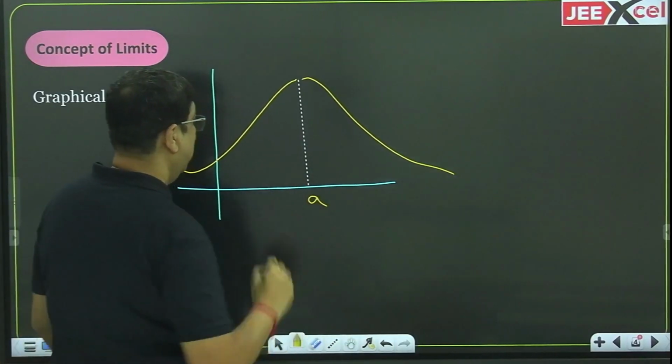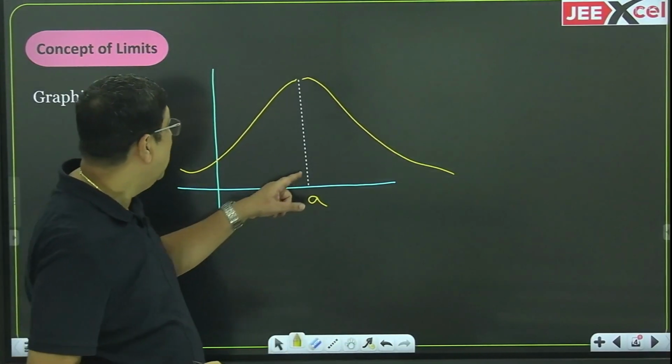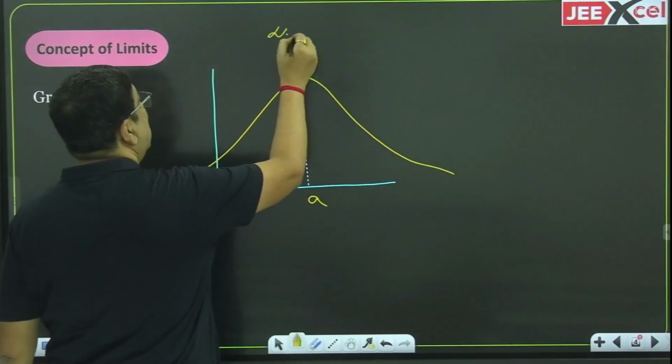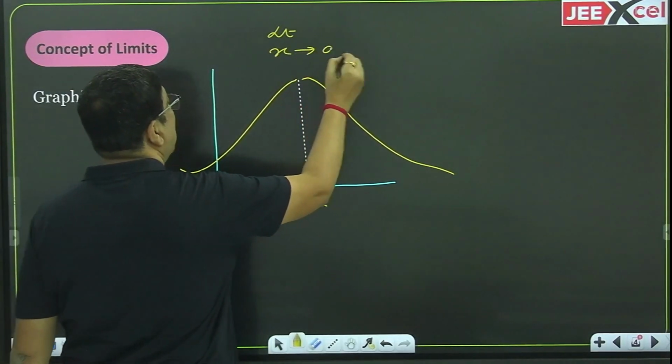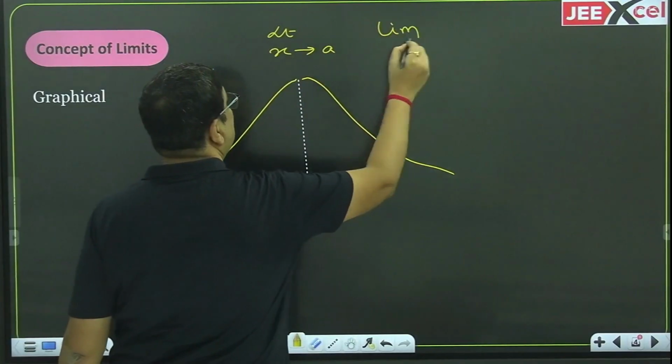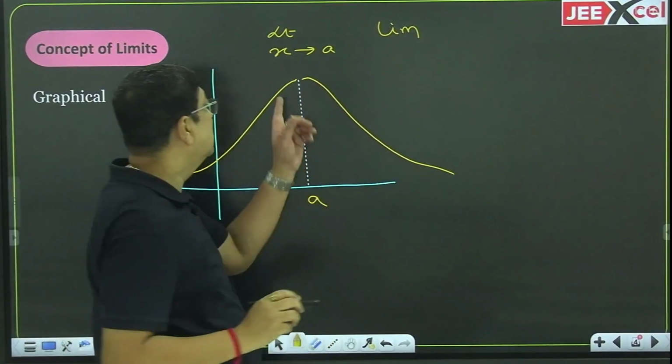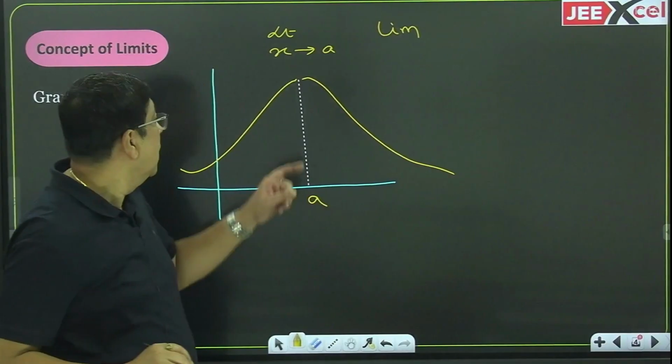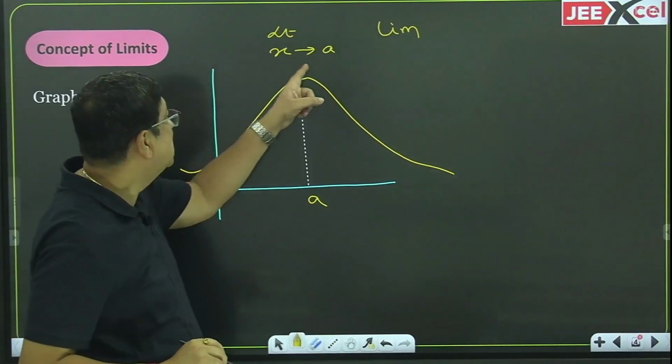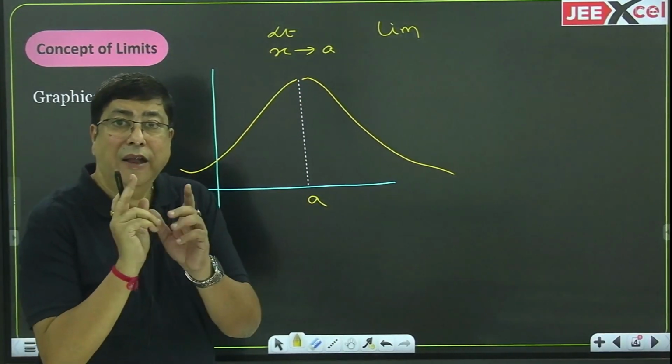Suppose this is A. Understand one thing, this is the point A. Our target is limit x tends to A. Somebody writes LIM, somebody writes LT, so I use this limit. Okay, so our target is limit x tends to A, which means at x equal to A.